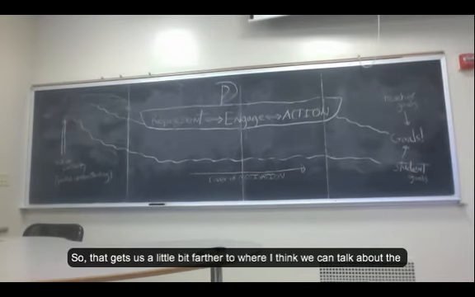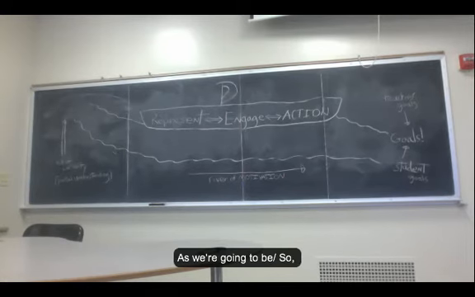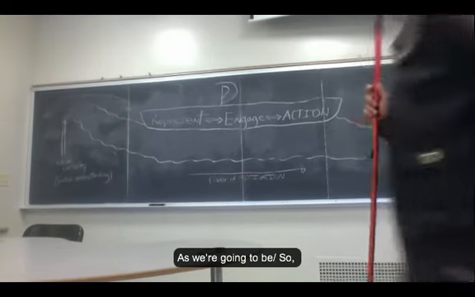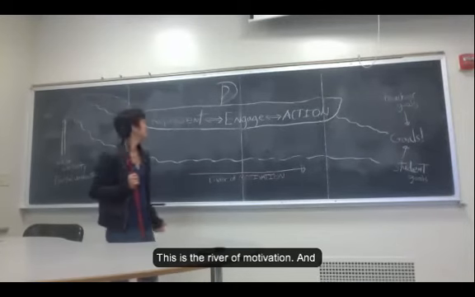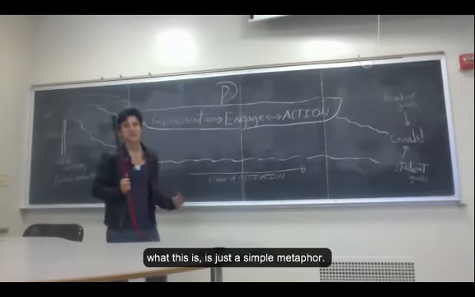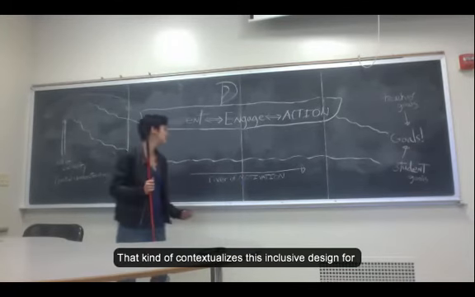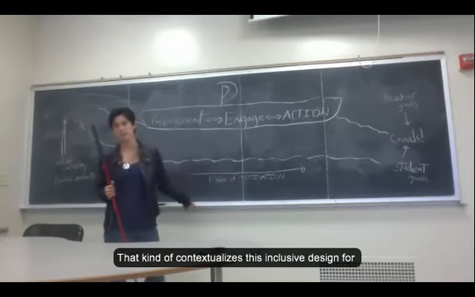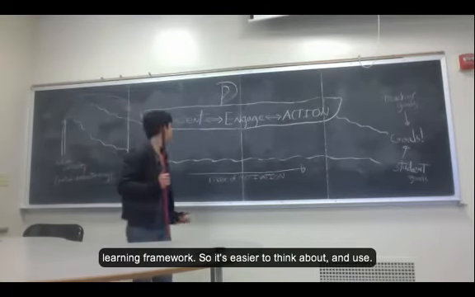And so that gets us a little bit farther to where I think we can talk about the river of motivation. Okay. Are you guys ready? Yeah. As we're gonna be. So this is the river of motivation. And this is just a simple metaphor that contextualizes this inclusive design for learning framework, so it's easier to think about and use.